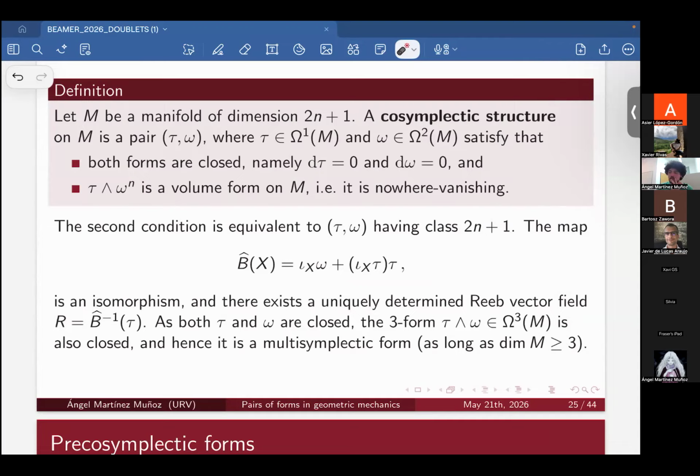What I can tell you is that I believe you could, for example, write the equations of motion using these three forms. So if you have a cosymplectic manifold and you're interested in time-dependent Lagrangian mechanics and you want to write the equations of motion, then you can either do it in the usual way with the Reeb vector field and stuff, but I believe you can also write them using this three form.